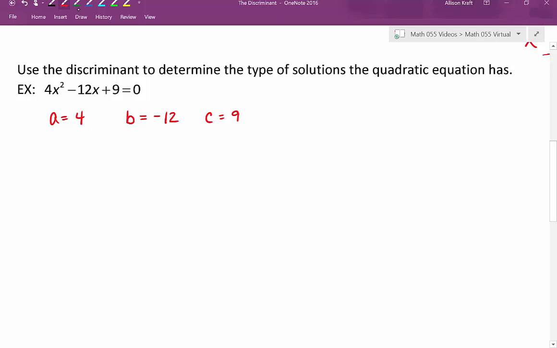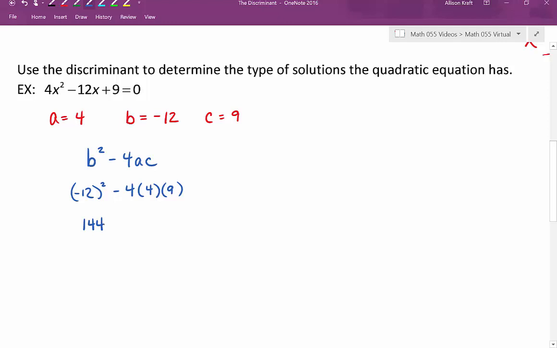Now let's see what the discriminant has to say. The discriminant is B squared minus 4AC. So that's negative 12 squared minus 4 times 4 times 9. That's going to be 144, which is negative 12 squared.